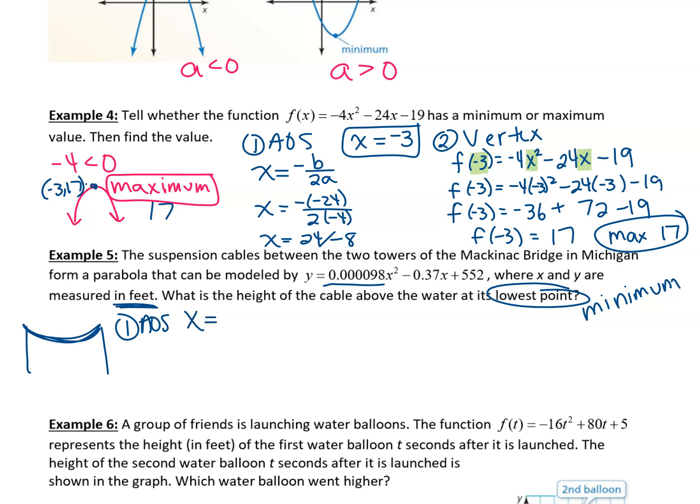Write your formula, x equals -b over 2a. Write it every time. So x equals negative 0.37 divided by 2 times that lovely number there.